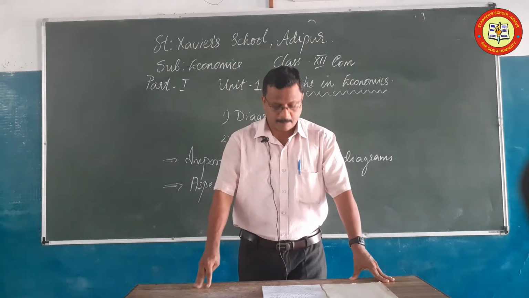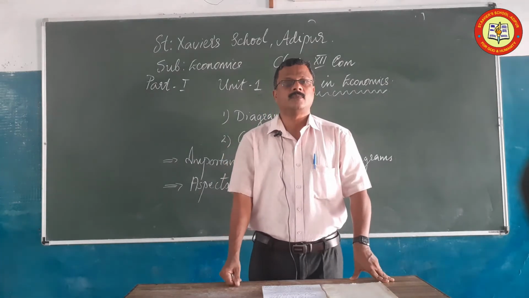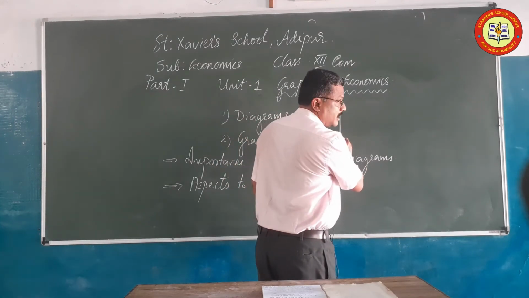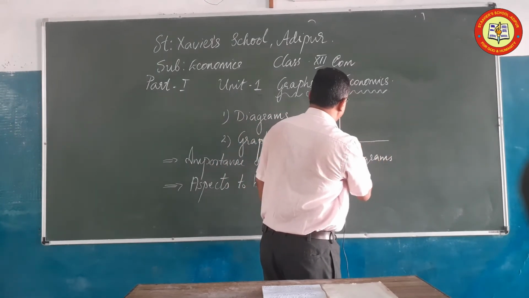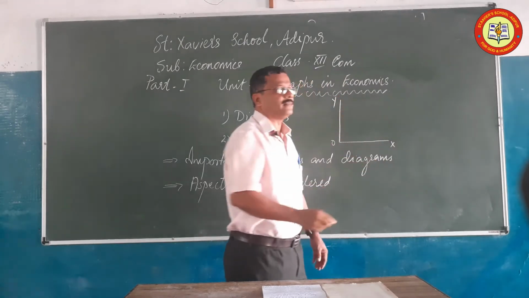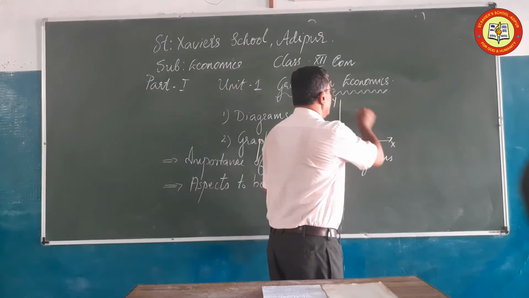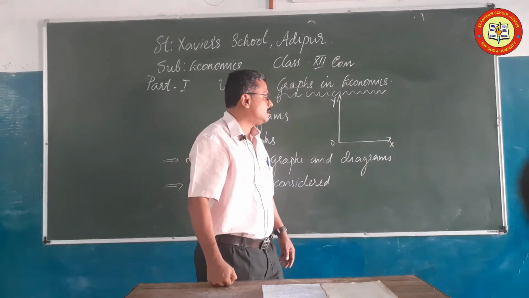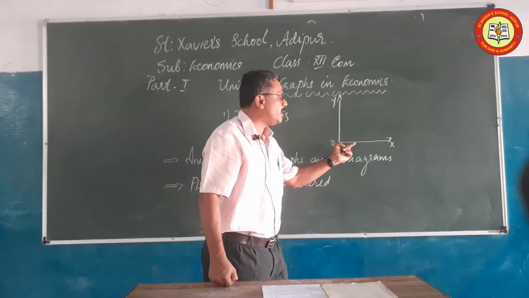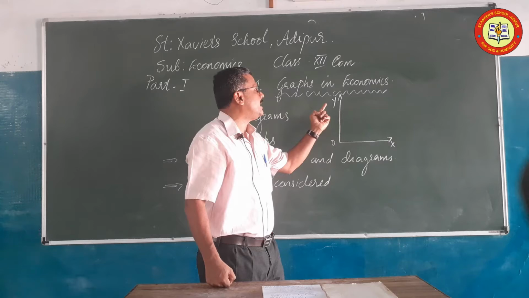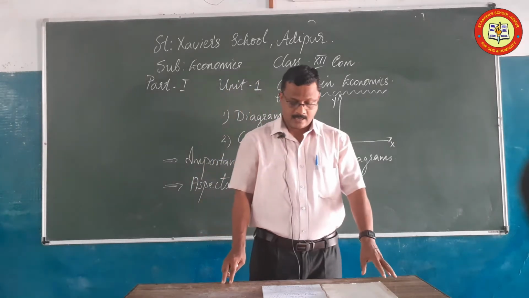Fourth point is representation of axis. Representation of axis means just look over here: O, X, Y axis. Very clearly it has to be mentioned what the OX axis says or what the OY axis represents.